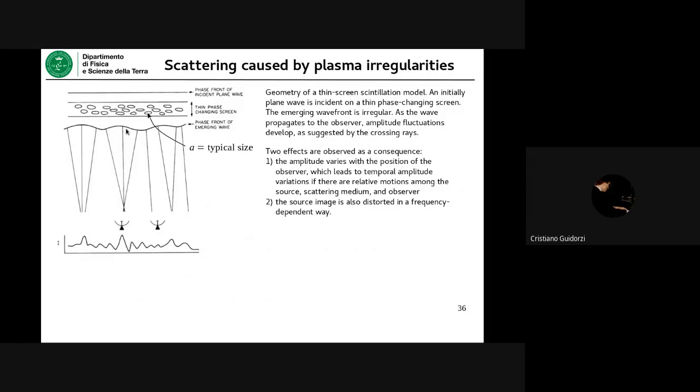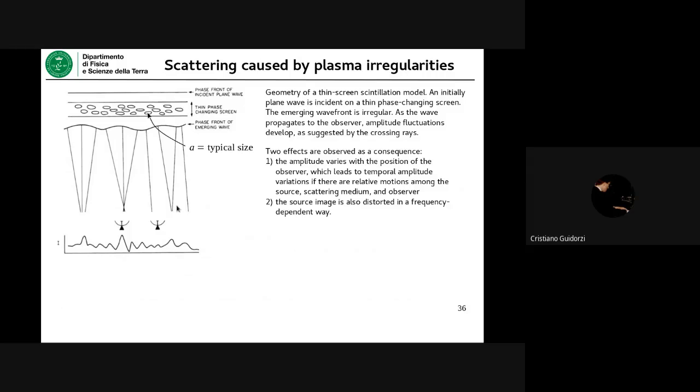So there will be rays which are more deflected than others, which get undeflected at all. Due to this, you can have a pretty complex interference pattern, or better, diffraction pattern.